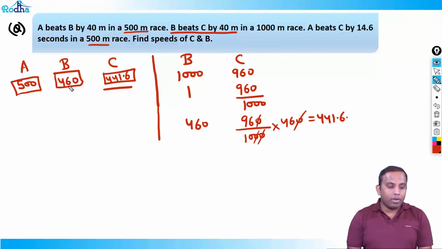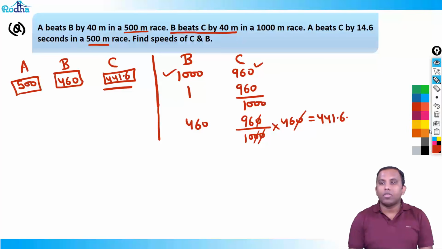So when A covers 500, B covers 460, and in that race, if C is also running, when B covers 460, C will cover 441.6, because in a 1000 meter race, B is beating C by 40 meter. So when B is covering 1000, C is covering 960. Now there's a second statement here.